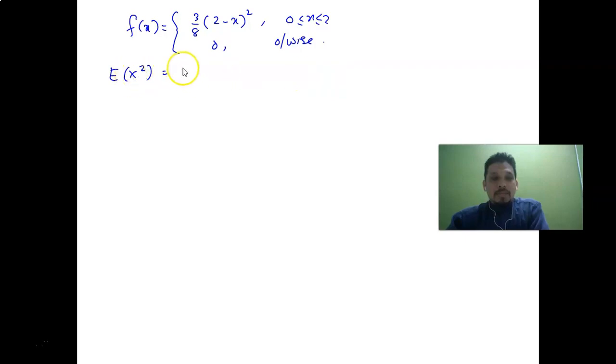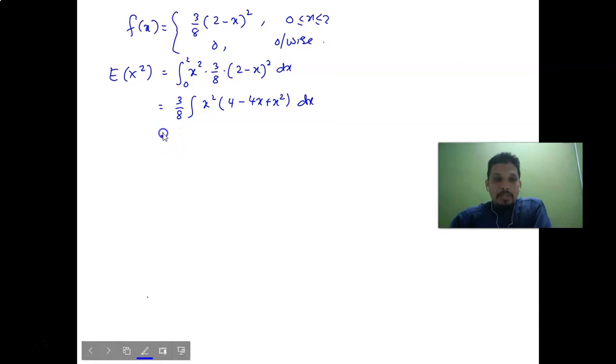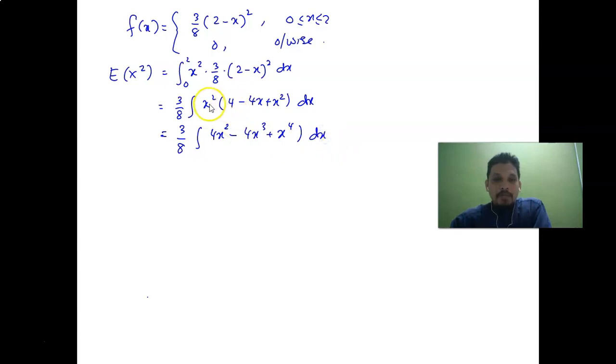So to find this one here, we come up with the integral of x squared multiplied with 3 over 8 and then 2 minus x squared dx. Okay, so let's continue. For this one here now, 3 over 8 integral of 4x squared minus 4x cubed plus x squared with x squared, x to the power 4 dx. 4x squared, 4x with x squared, 4x cubed.